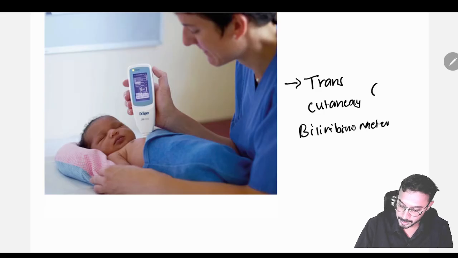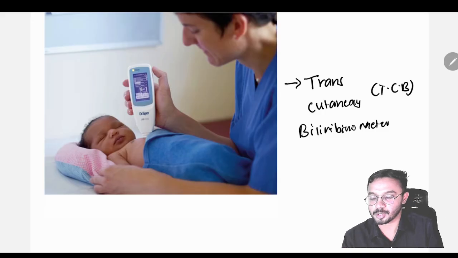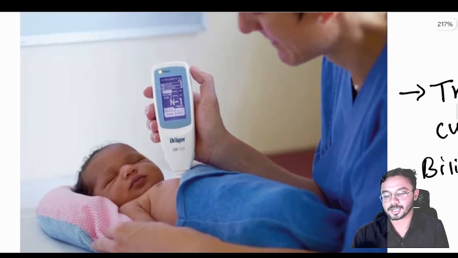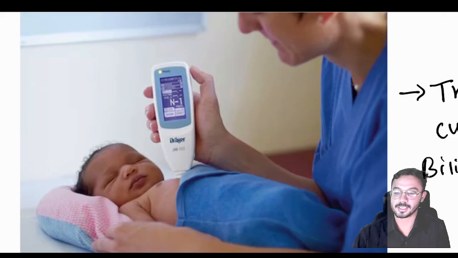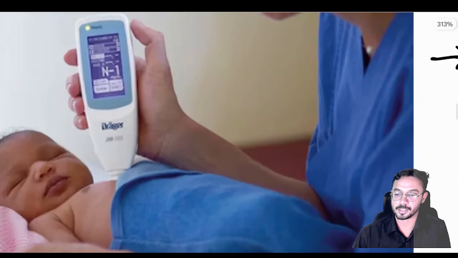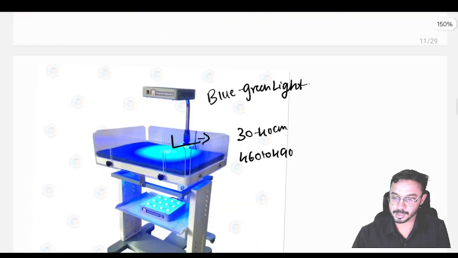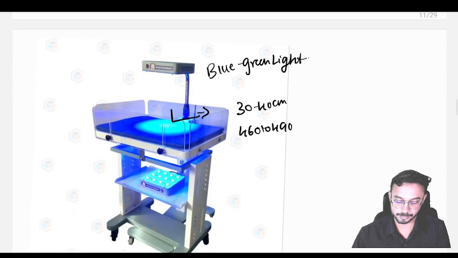If you put it on the baby's body, it will tell you how much jaundice is present in the baby. This is about TCB, the transcutaneous bilirubinometer. These are very important image based questions; you may get these in your exam also.